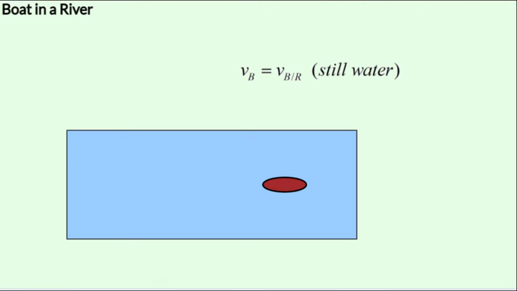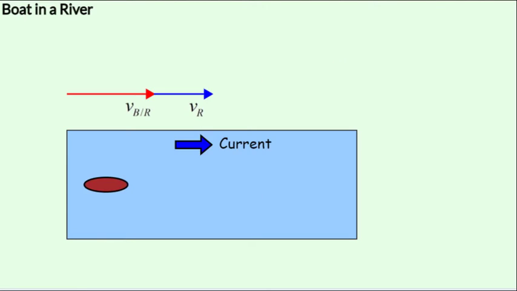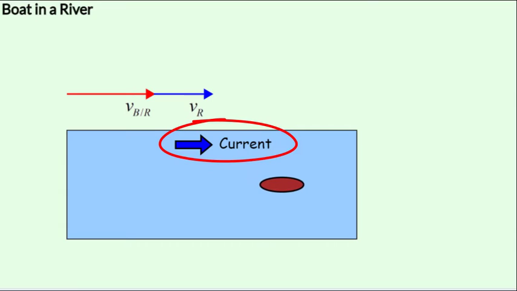In this situation, the river has no velocity as there is no current. Now let's look at a case where there is a river current. Here, the boat is being rowed to the right, and there is a river current also acting to the right, that is, in the same direction as the boat.